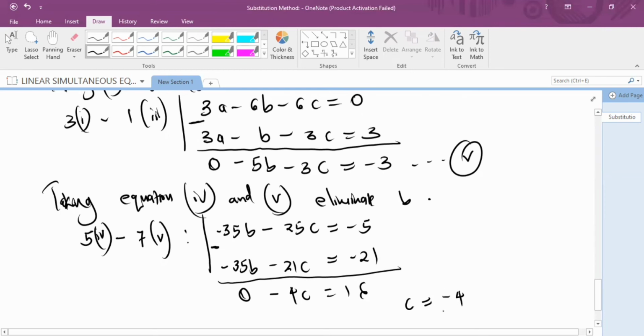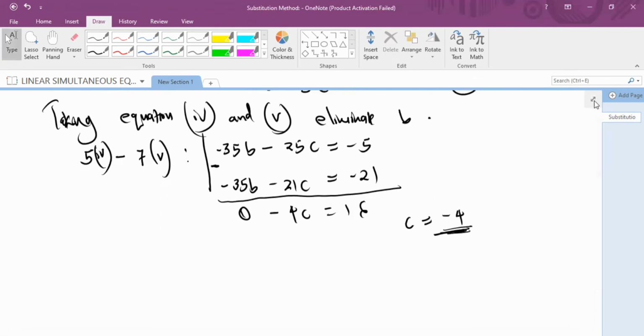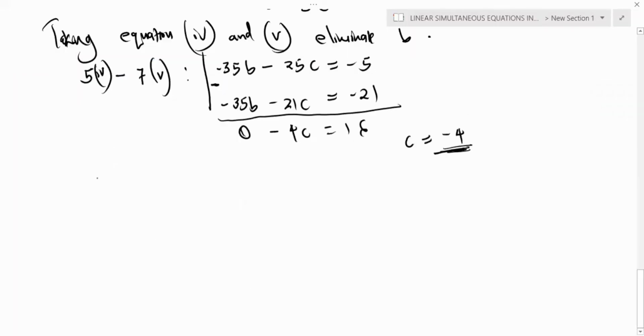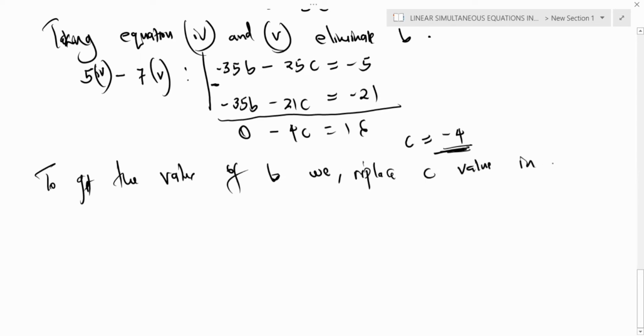Now, guys, after we already get the value for C, we can return it in either equation 4 or 5 to get the value of B. So we replace the C value in either equation 4 or 5.